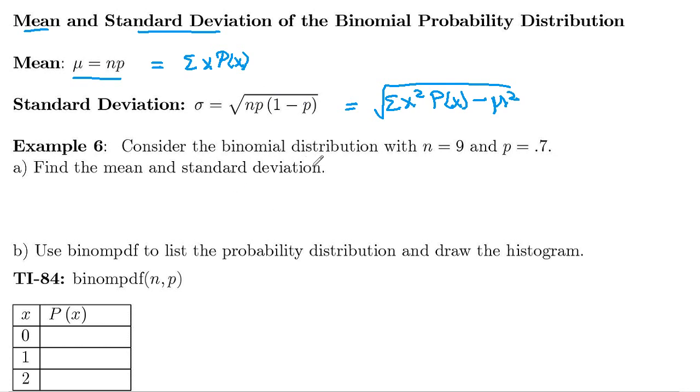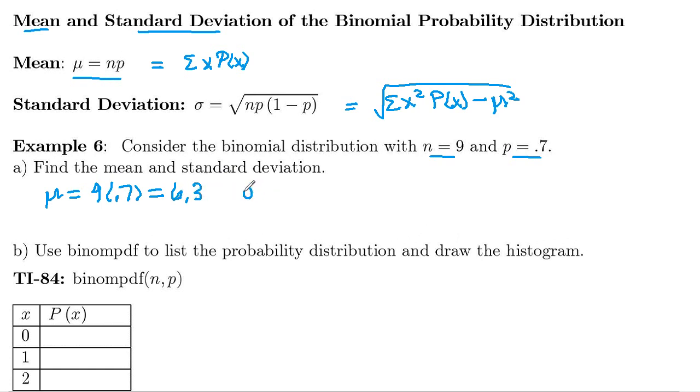So consider a binomial distribution with n equal 9, p is 0.7. What's the mean and the standard deviation? Okay, well, our mean here is just n times p. So that's going to be 9 times 0.7, which is 6.3. So just multiplying. Nothing crazy going on there.